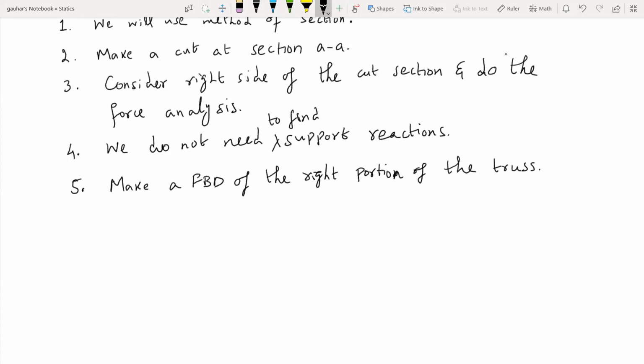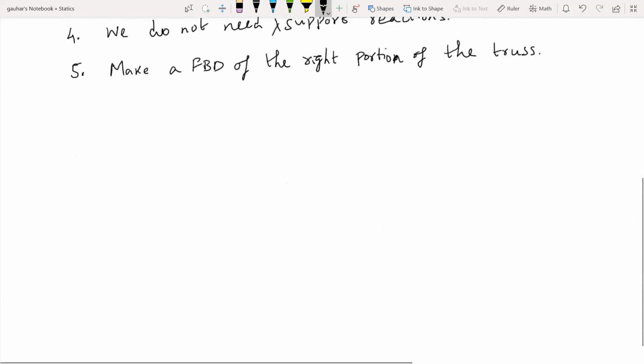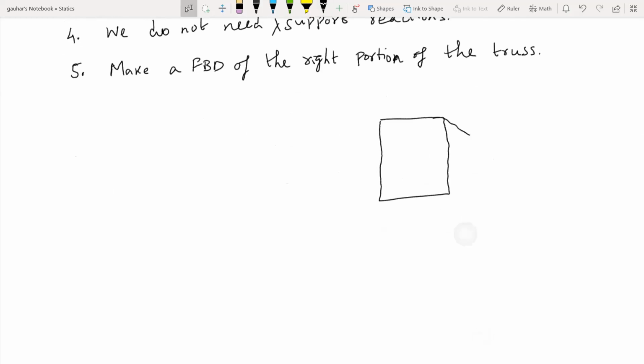The truss. Okay, so if you want to make the free body diagram, let's make the free body diagram here. So we have this, and we have this.